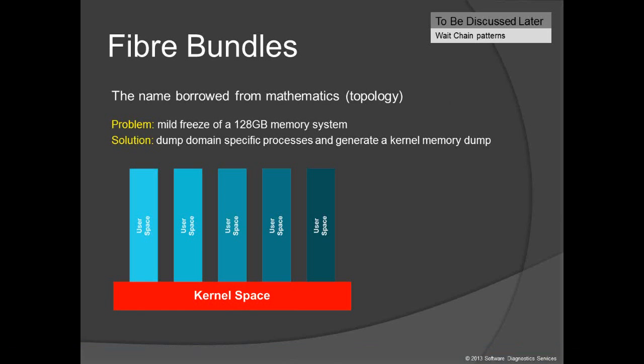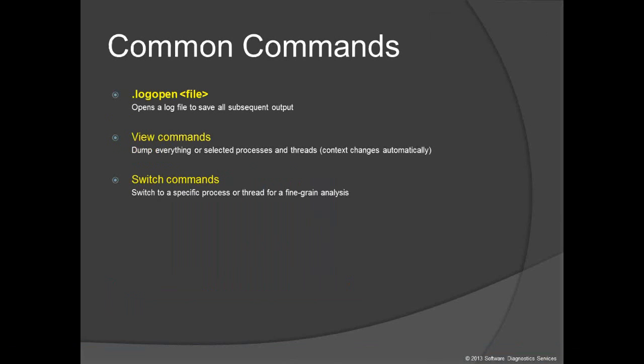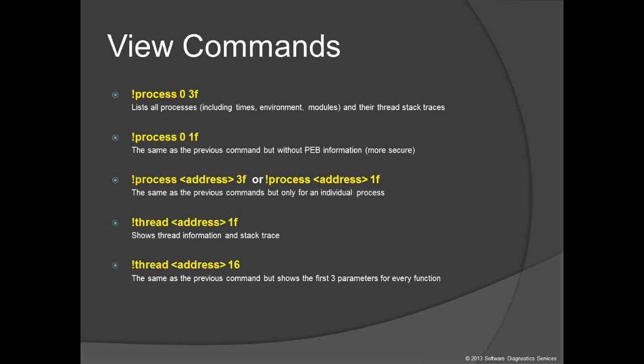So okay, let's continue then. We see there are view commands that dump everything on selected process and threads, and switch commands. First we cover view commands. This is a list of commands. It is corrected for the latest WinDbg from Windows SDK 8.1 and 8.0.